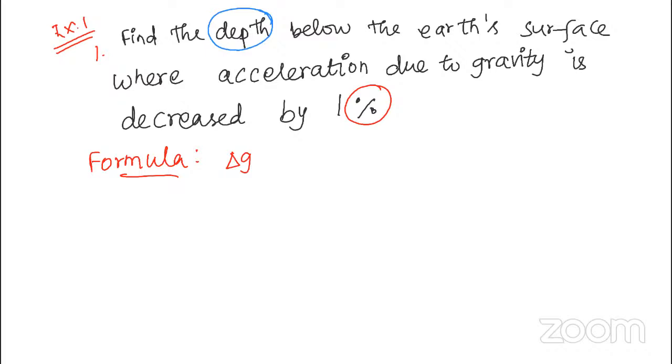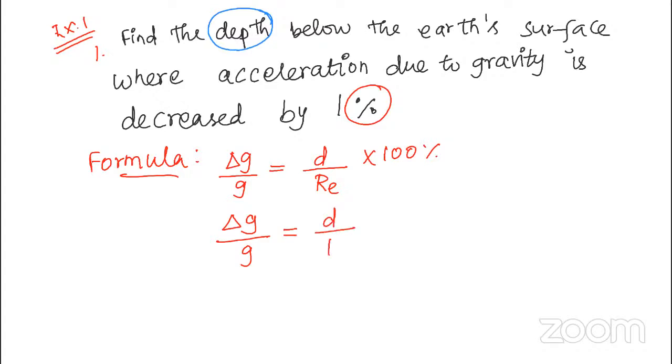Delta g divided by g is equal to d divided by R_E into 100%. Since they have given it in percentage, we take this alone, that is, delta g divided by g is equal to d by R_E. Only this we need to write. So now substitute the values, that is 1%. So divide by 100, or otherwise you put it as 100.